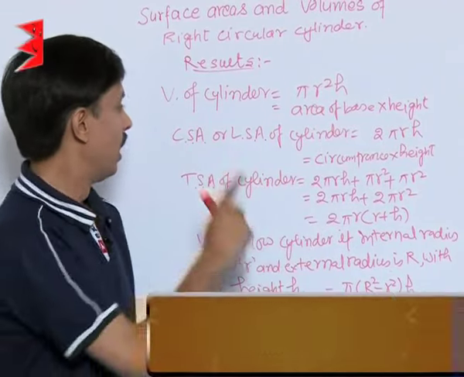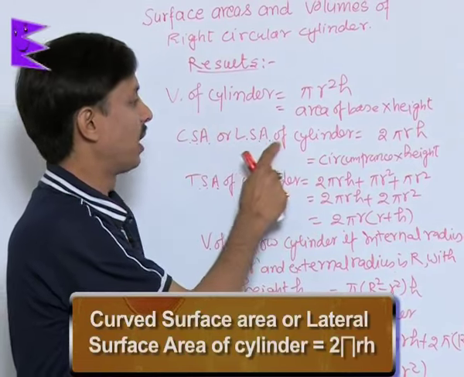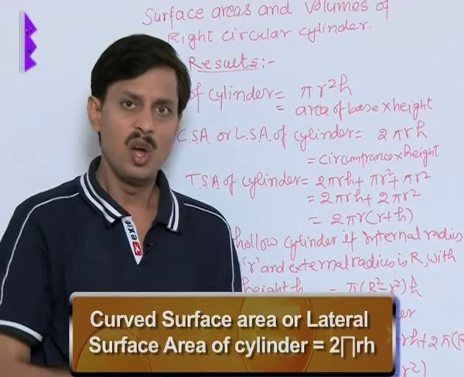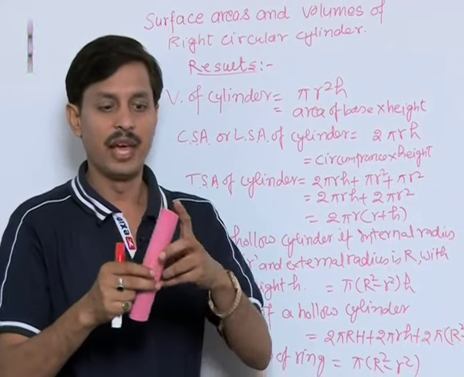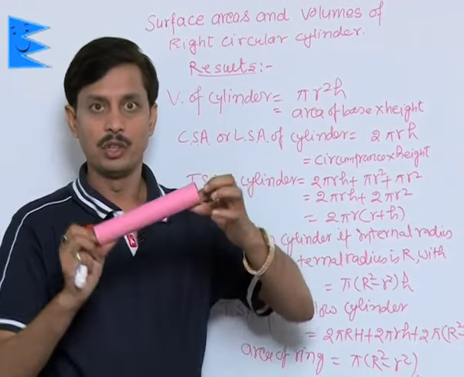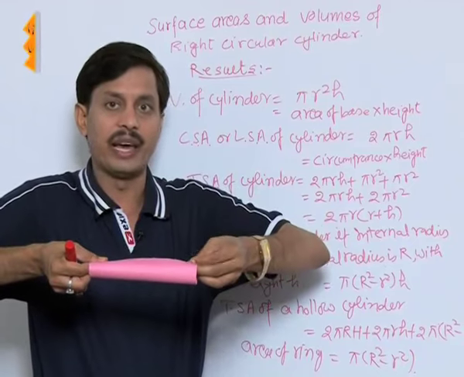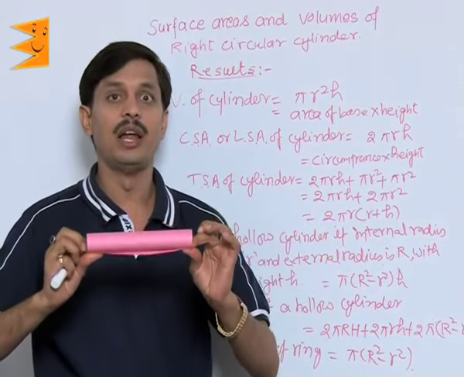Number 1, curved surface area or lateral surface area of a cylinder. What is curved? If you have a cylinder like this, then only this rolled part is known as the curved or the lateral.